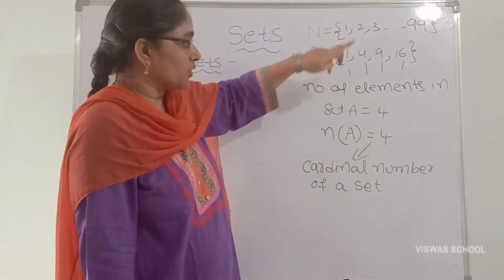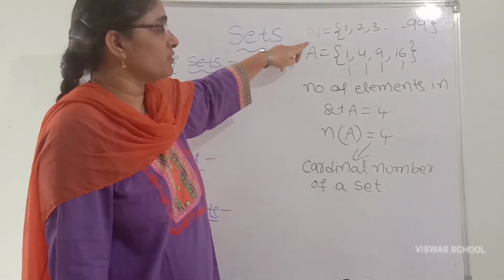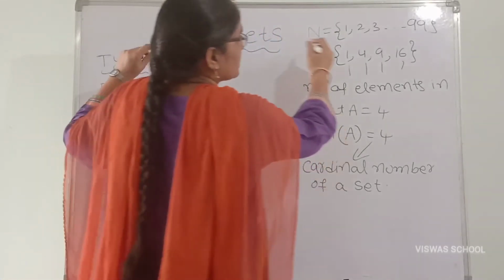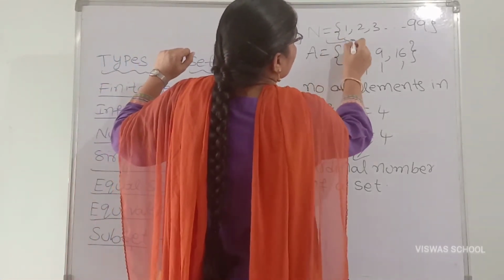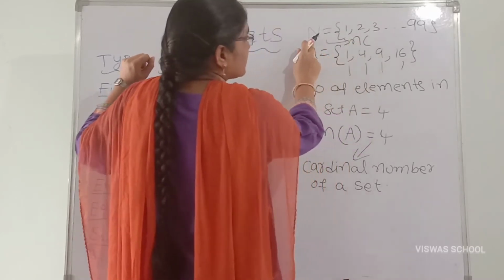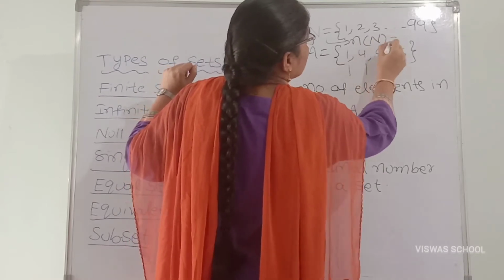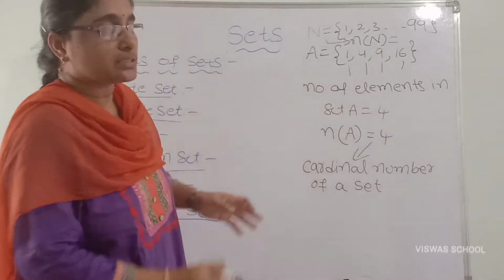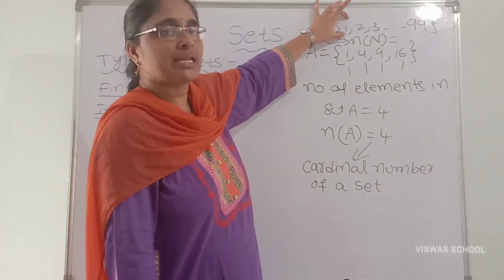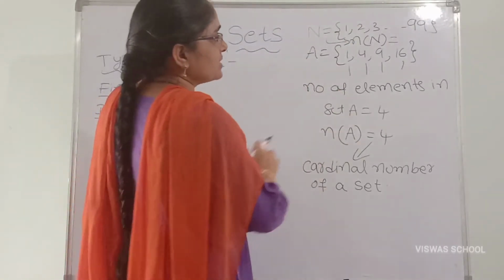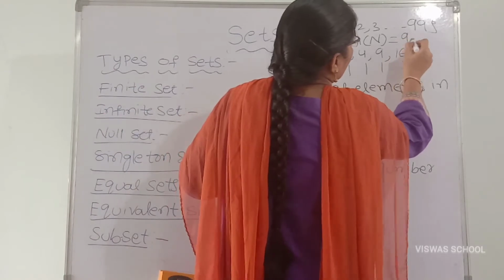In this set, what is the cardinal number of N? The cardinal number of a set is denoted by n of, and here the set is represented as capital N. That is, n of N equals, in this set, how many elements do we have? 99 elements.